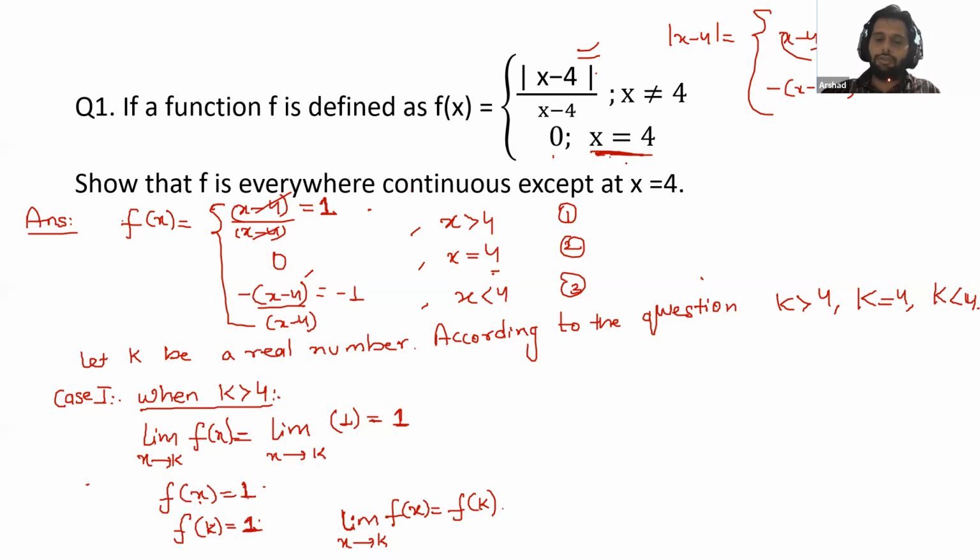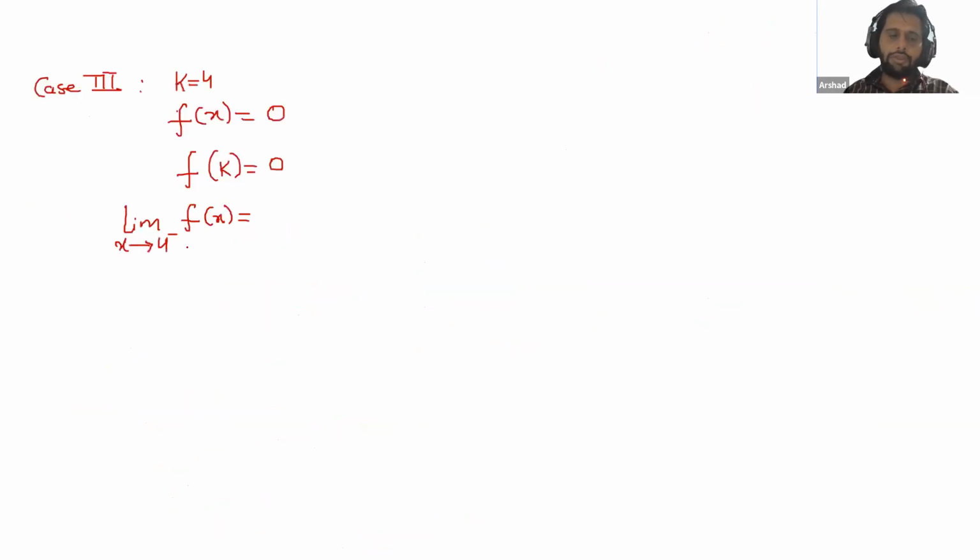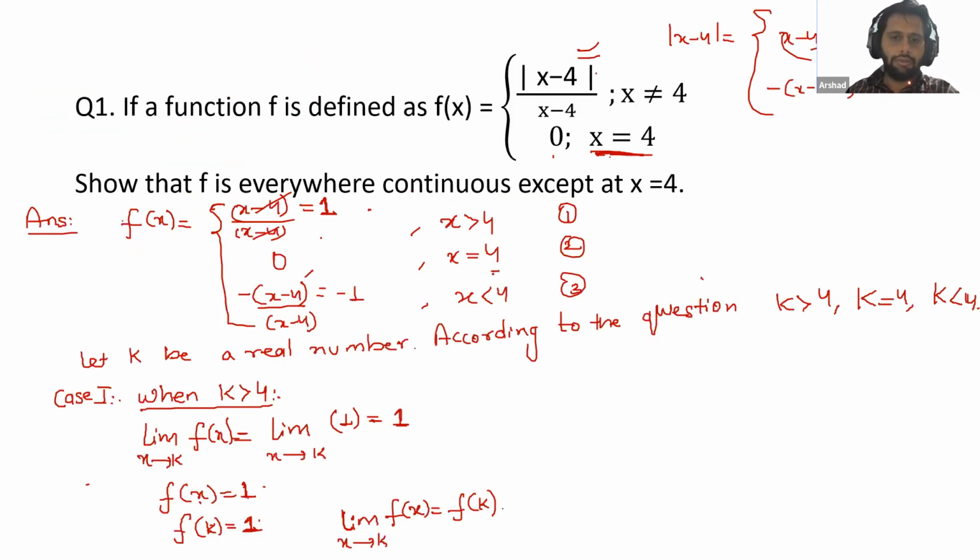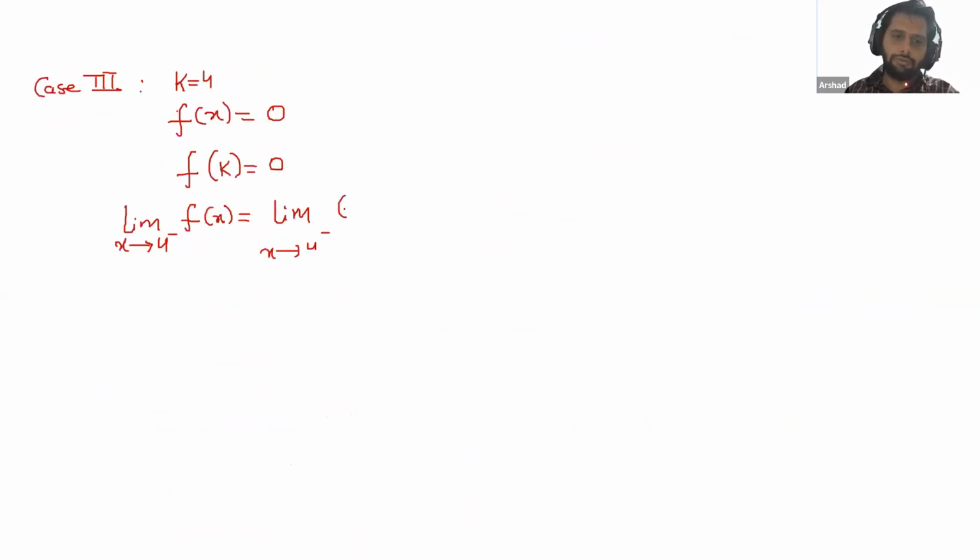No, Rifat, that's not correct. Abdur and Fahad, can you tell me for LHL? Third one, very good. The third is x less than 0. Here we are approaching 4 from the left side, that's why we will use the third function, which is -1. So we write -1 here. Please don't get confused that for k equal to 4, f(x) is 0. That's fine, that's why we have used this one.